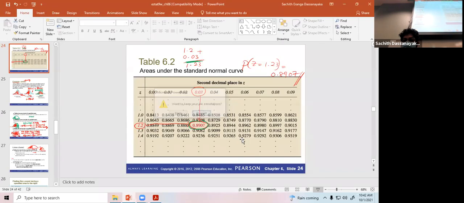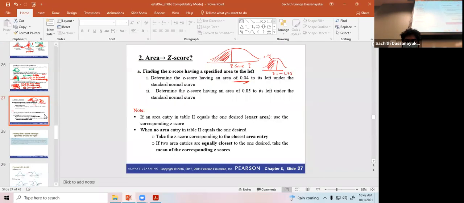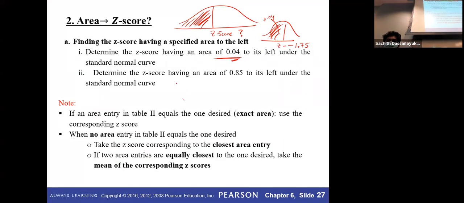Okay. Let me finish this slide. So again, here we need to find the area of this much to its left under the normal curve. Same thing. The value is the difference, so you have to find this. In general, you should know this: once we increase the area, our C value also increases. So here the area is this much, 0.04.